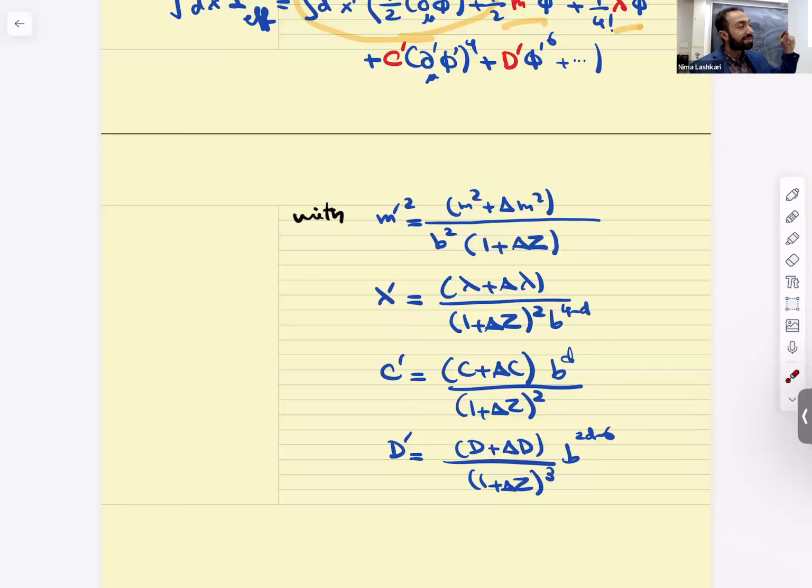However, the catch is if B is to some positive power, remember B is less than 1, then deep in the infrared, even though this is non-zero, it's suppressed. This is the same argument as before: there could be all sorts of crazy higher derivative terms, but in the infrared I just don't see them. I'm not sensitive enough.